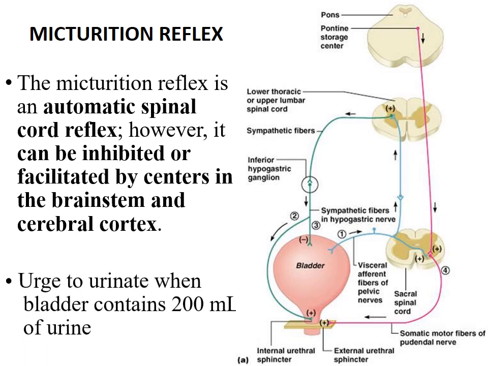The urge to urinate occurs when the bladder contains 200 ml of urine. We will look into the finer details of the micturition reflex in the next slide.